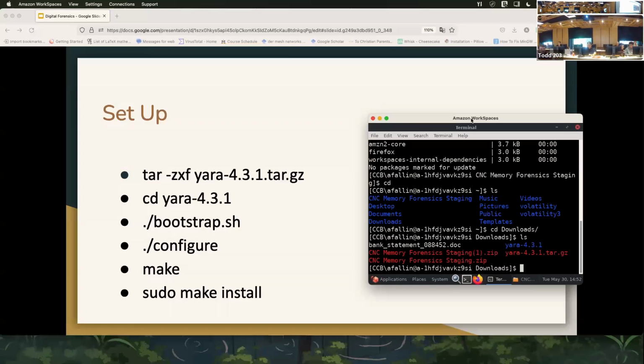Right, we need to install. Now. That's my favorite part.